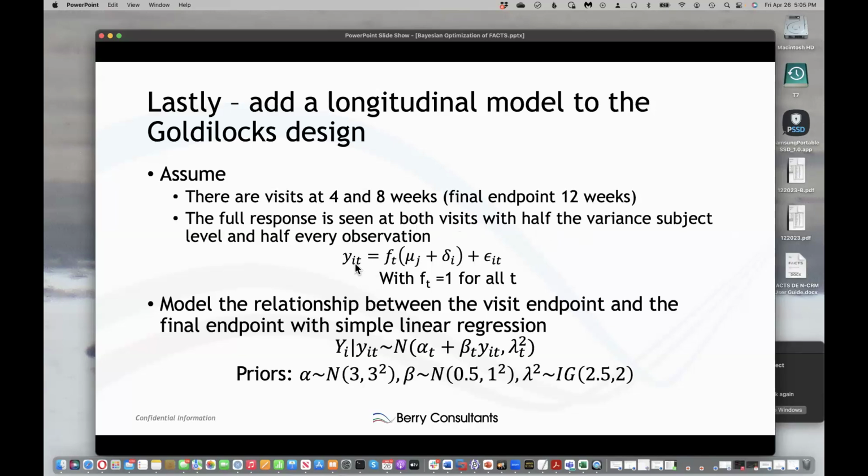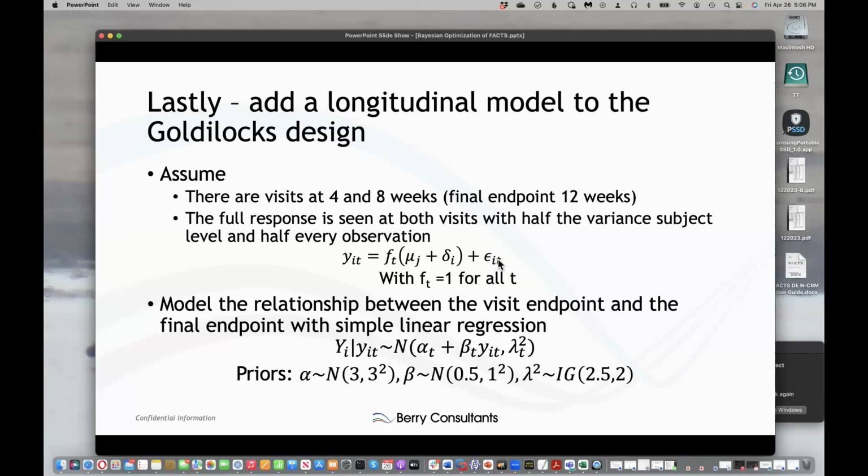We're going to use this function to generate the visit data, where ft is going to be set to 1 for all t. This is the mean for the dose that the subject's on. This is a subject-dependent error term, which gives rise to the inter-subject variability, and then we have the per-observation error term.